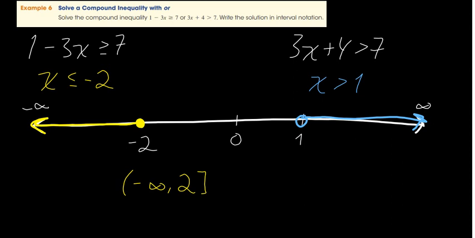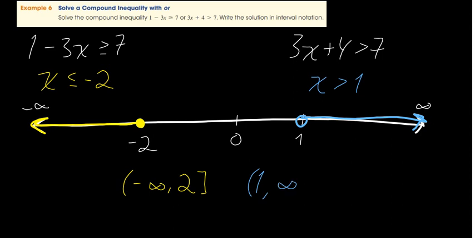That's how we would write that in interval notation. And then the blue one: we're saying x is greater than 1, so we would go from 1, and we'd use a parentheses because we're not including 1, all the way to infinity.